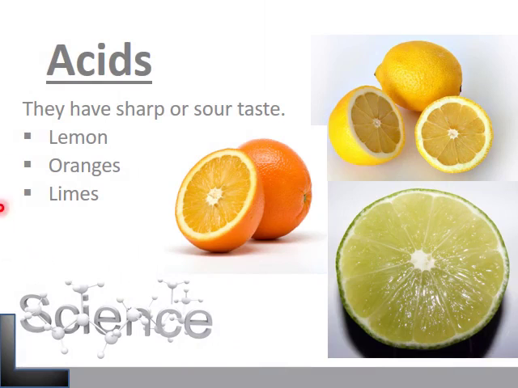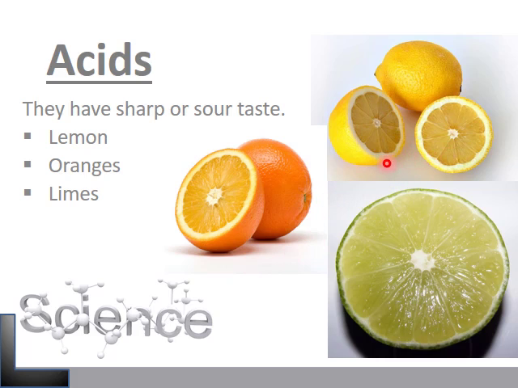Here you can see, dear students, what acids are. Acids are solutions or chemicals, and you can also understand by looking at these pictures that they can be found in lemons, oranges and limes, as it's a very clear example that you can easily understand.